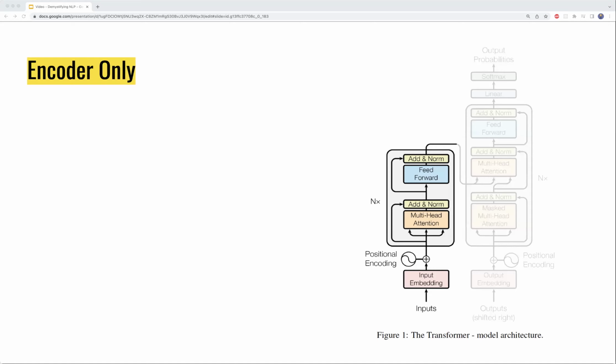So transformers can have just the encoder only. And so these generally take a sequence for an input and then encode it into some simpler output. So they tend to be good for tasks like sentiment analysis, classification.